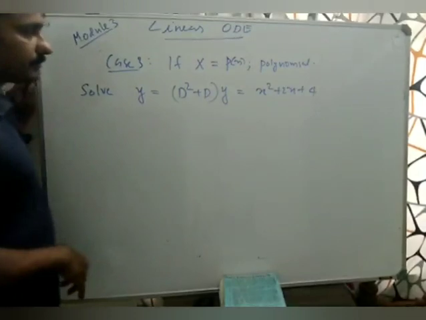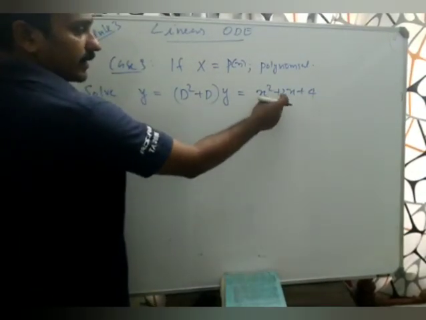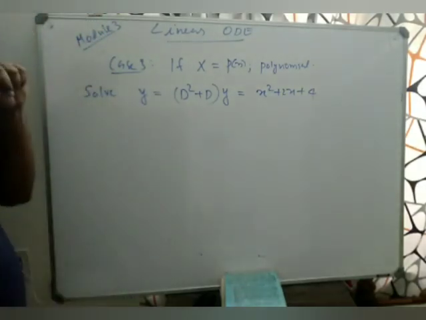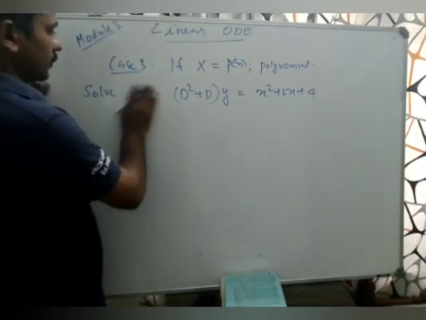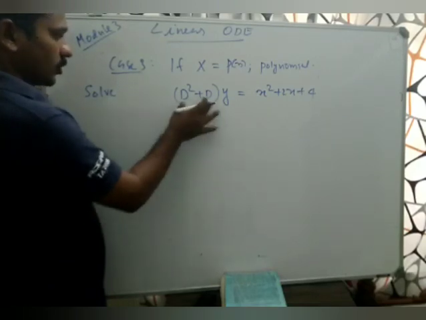This is a problem, and this one is a polynomial, right? Polynomial means it may contain more terms like this. Okay, and this one is a second degree polynomial. So solve this.